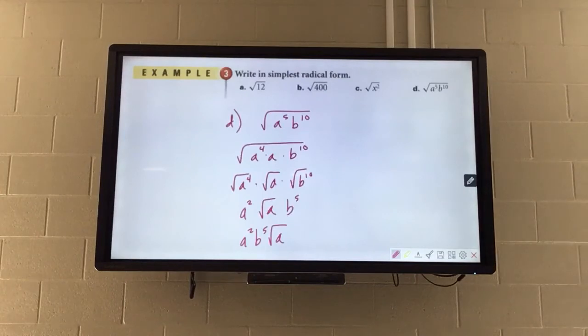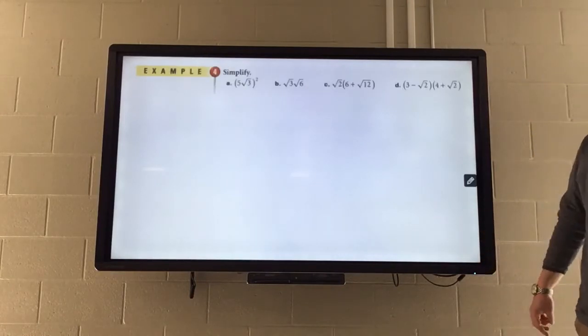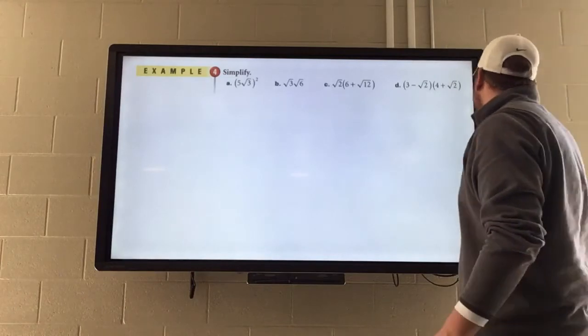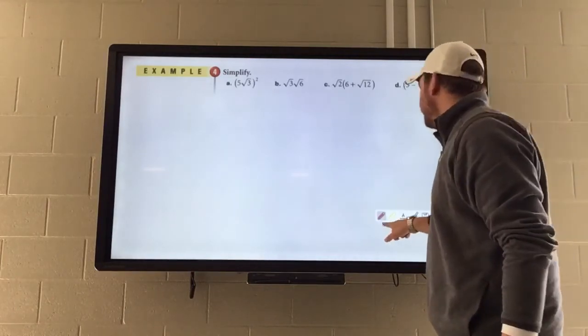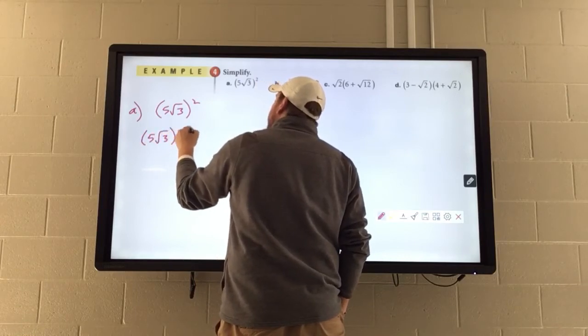All right, let's look at some more operations. Let's start with A up there. If we have something like this, 5 root 3 squared, what that really means is 5 root 3 times 5 root 3.